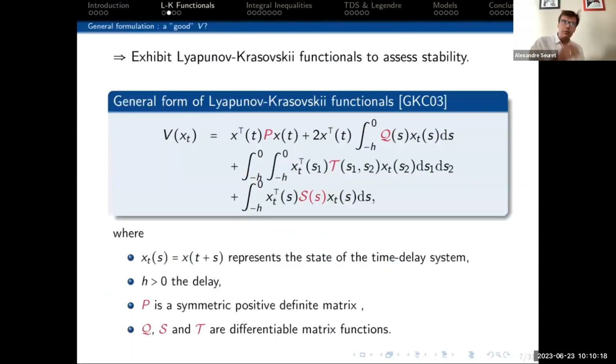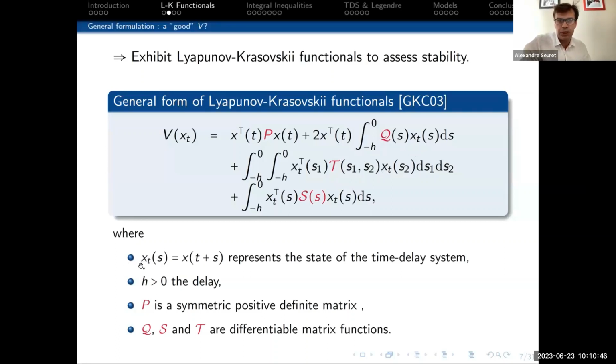So when you look at Lyapunov-Krasovskii functionals, the first theorems provide a general form of Lyapunov-Krasovskii functional, given in the work of Kharitonov and co-authors. This functional takes the form of a quadratic function which contains a lot of terms that involve the state of the delay system.